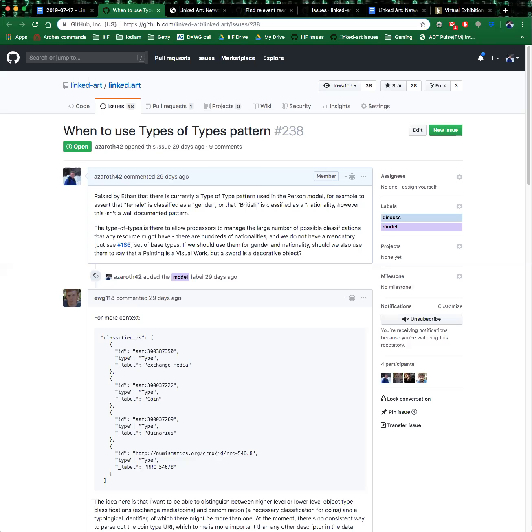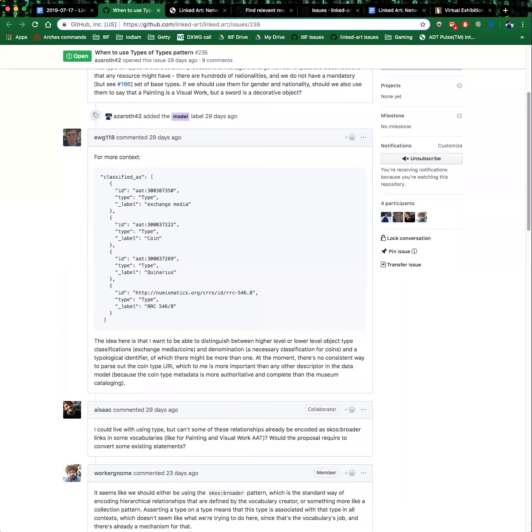So I think we should look at what types of types we are using, and whether it's useful to further classify them.